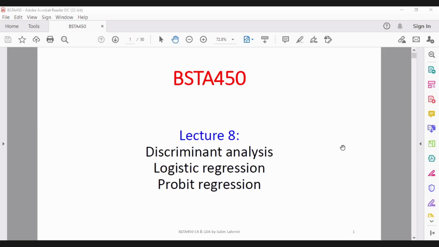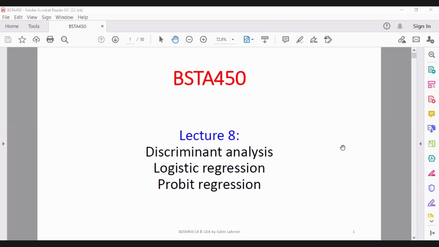A very interesting topic today is about classification and regression when y is a binary variable. What we have seen so far is multiple linear regression, where we assume that y is a continuous variable.